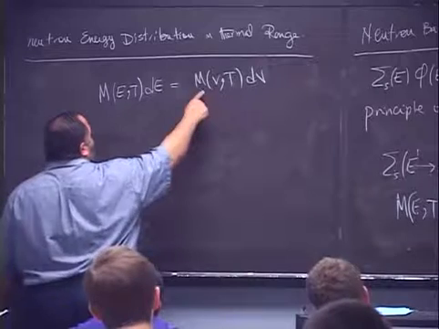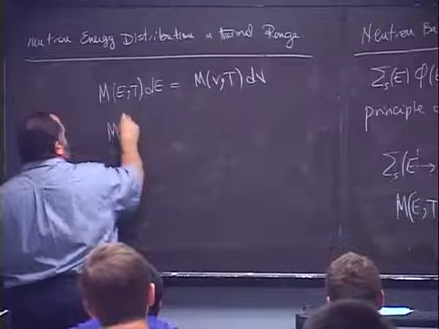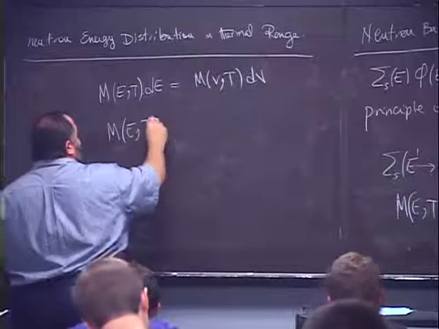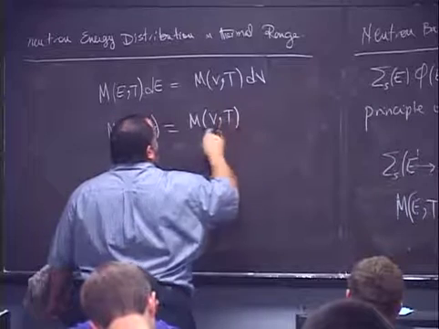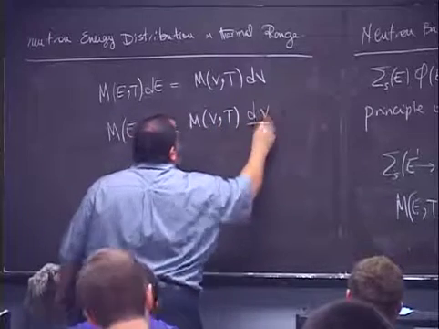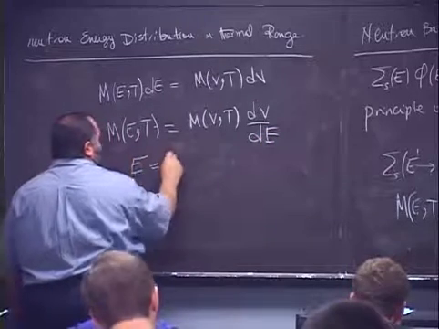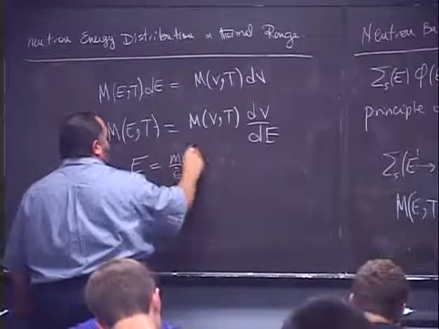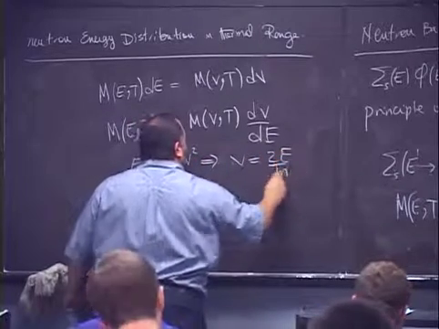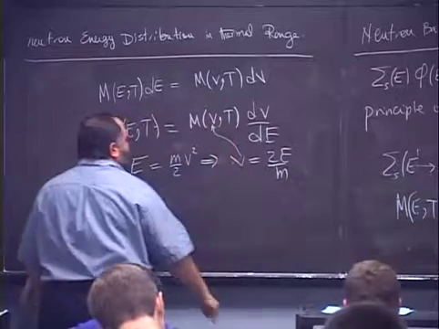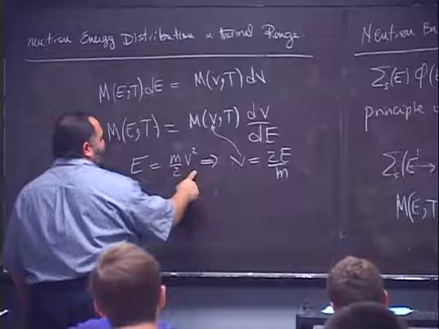If you have M of V and T and you want M of E and T, then M of E and T is just equal to M of V and T. You will substitute with E equal to half mv square, so V equal to square root of 2E over m. You will substitute every V by that, and then you will differentiate dV by dE.